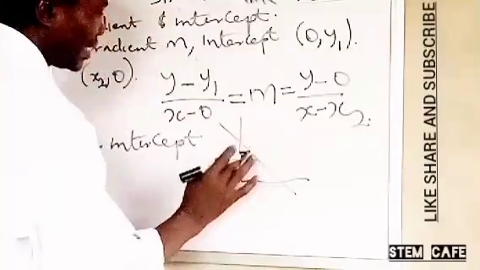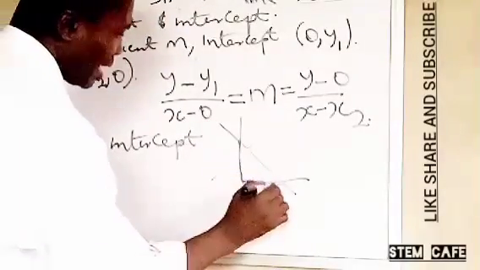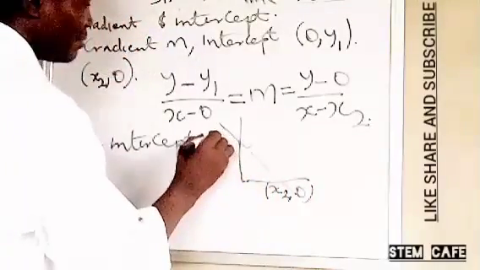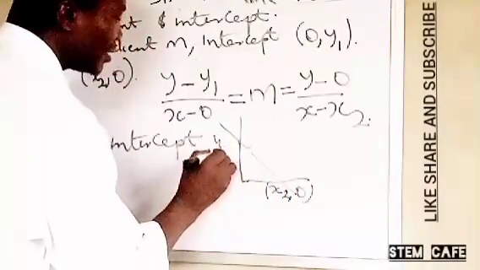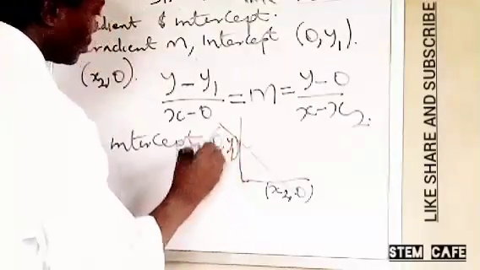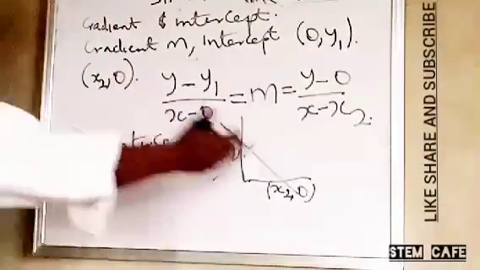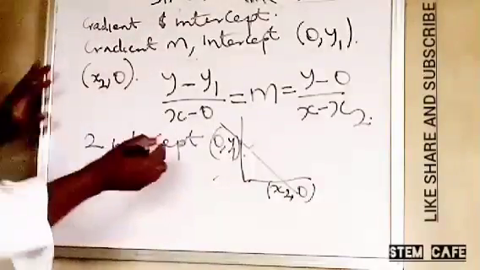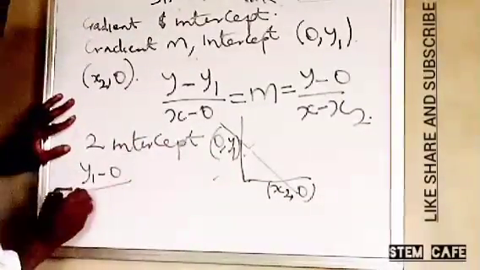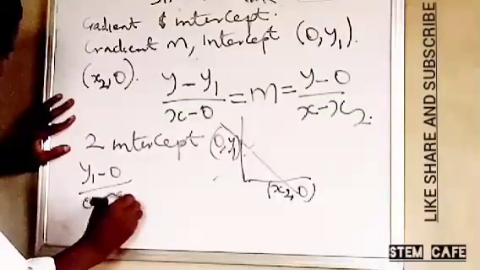Let's say we have x2, 0 and here we have 0, y1. What is the gradient of this line? You can easily find the gradient by saying y1 minus 0 over 0 minus x2.